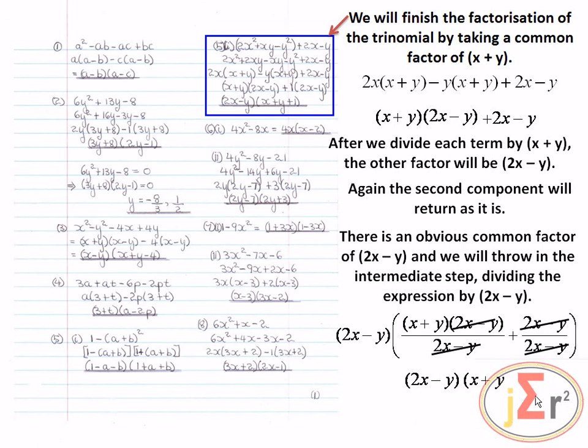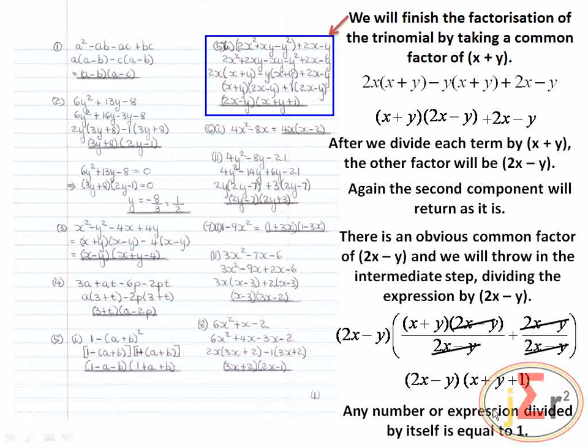When we reduce the fraction that we have right there, the result is, well, some students will say that when something cancels, it goes away to 0. But we know differently. Any number or expression divided by itself is equal to 1. So this other fraction will reduce to 1 because we are dividing 2x minus y by 2x minus y.